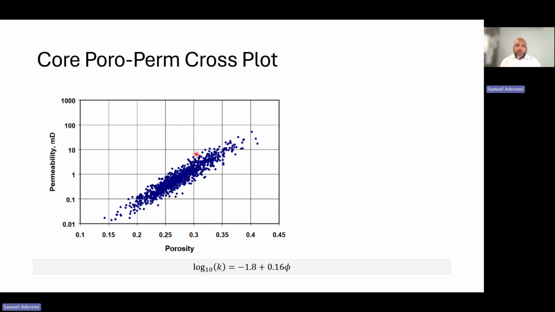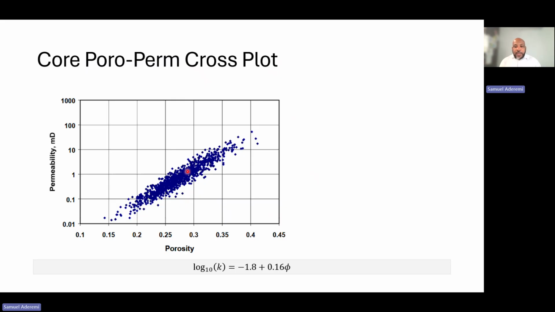This tells us that the permeability is influenced not only by the amount of pore space, not only by the porosity, but also by other factors, such as the pore throat size, the grain sorting, the cementation, and even the rock texture. And that is why we have this cloud of data around the porosity versus permeability, because it is not just influenced by the pore space in the rock.